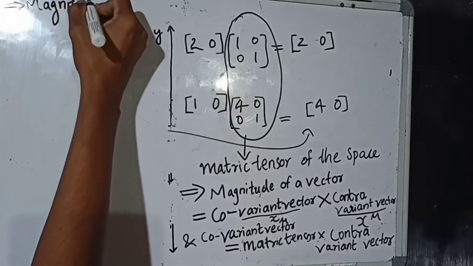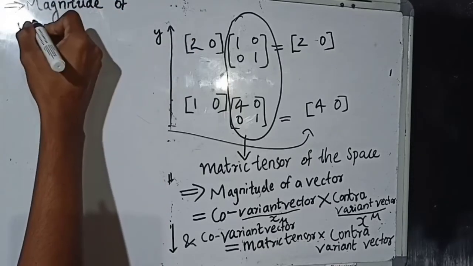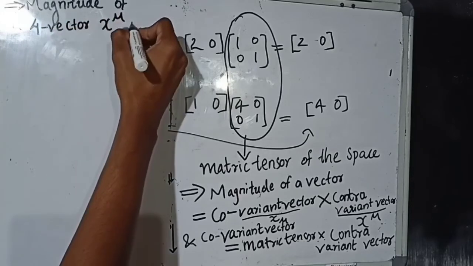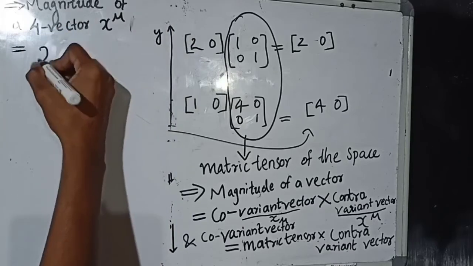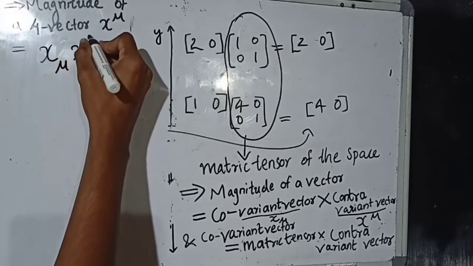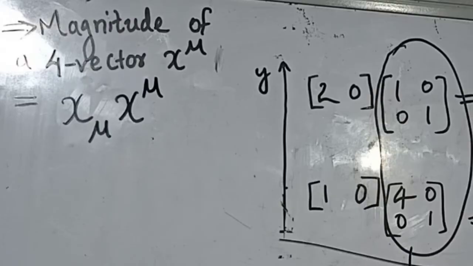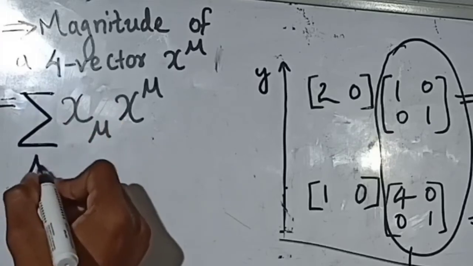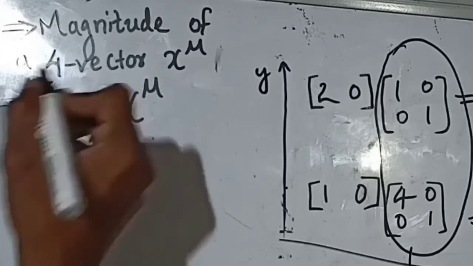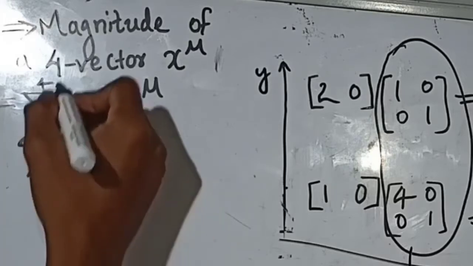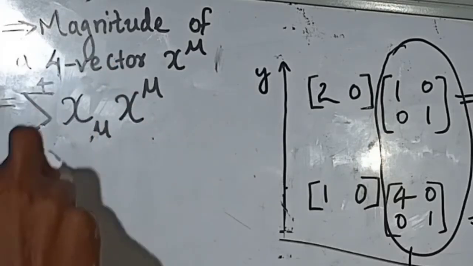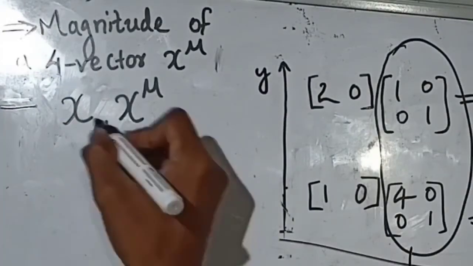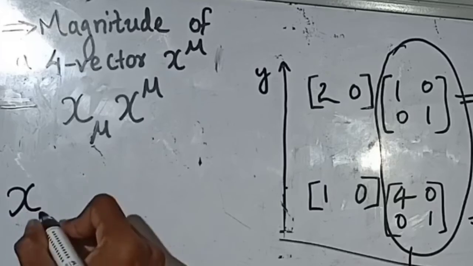So we can write the magnitude of a 4 vector x superscript mu, which means the components of a 4 vector, as x subscript mu times x superscript mu, and also there's a summation there, mu running from 1 to 4. Actually we don't need the summation there because we apply the Einstein convention here, so we automatically mean the summation there because there's a subscript mu and a superscript mu, and this is called the Einstein summation convention.